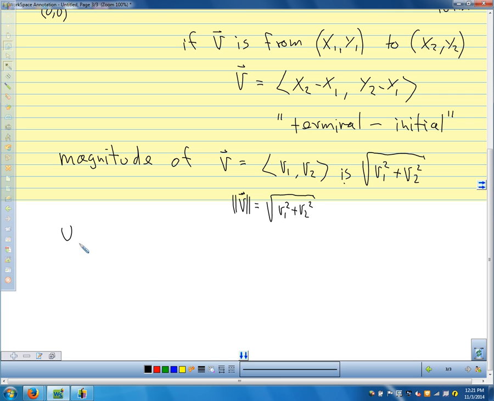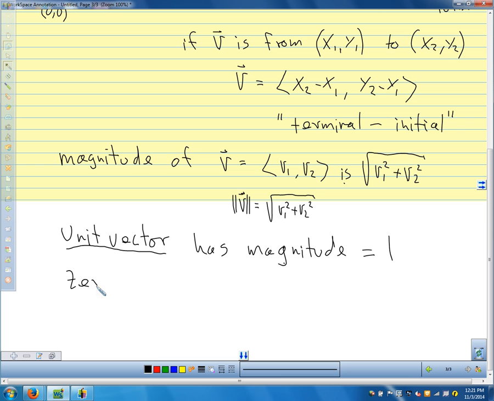A unit vector has magnitude 1. And the 0 vector, and we write it as a 0 vector, is the vector 0, 0.